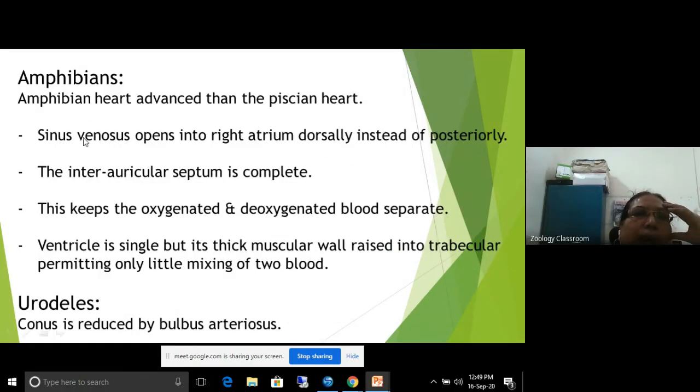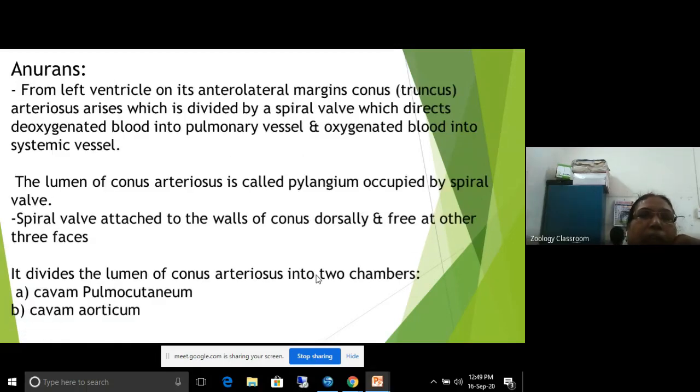Then the amphibian heart is more advanced than the fish heart. The sinus venosus opens into the right atrium, posteriorly. The interauricular septum is complete, and due to it, oxygenated and deoxygenated blood are separate. The ventricle is single, but thick and muscular, and its muscular wall is raised into trabeculae, permitting only little mixing of oxygenated and deoxygenated blood.